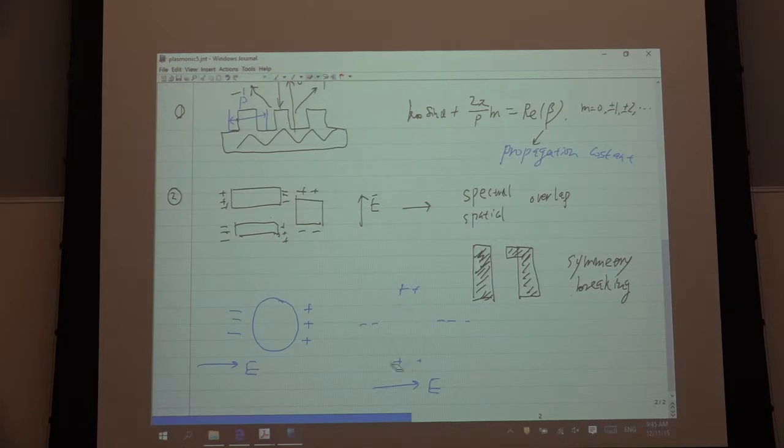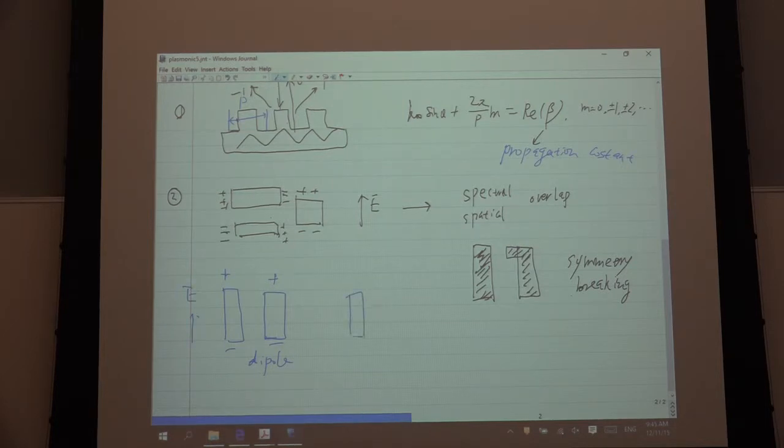I'll use this case because it's better for what I talk about. Why do they need symmetry breaking? Initially there is some mode like this, called a dipole. This is the dipole mode. It can be excited by the E field because they match.